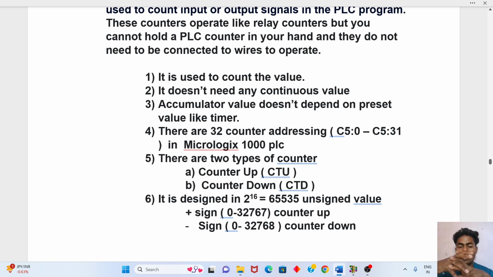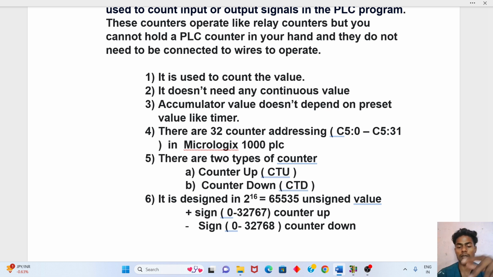Counter down. And sixth, it is designed in 2 power 16, and 2 into 2 power 16 equals 65535 in unsigned value.